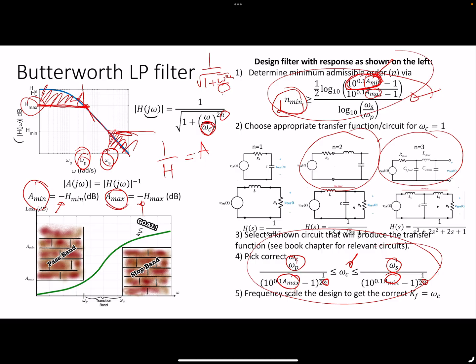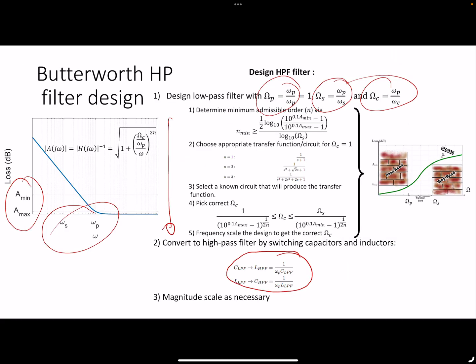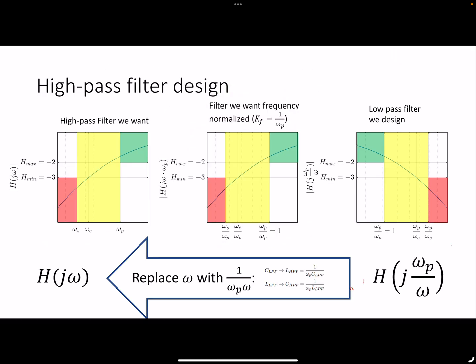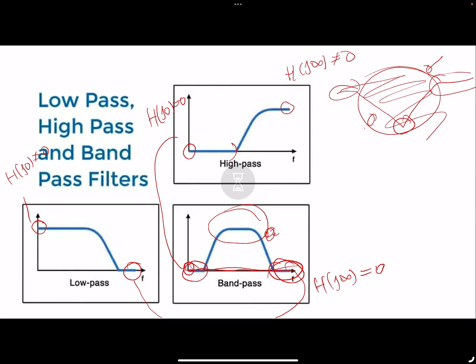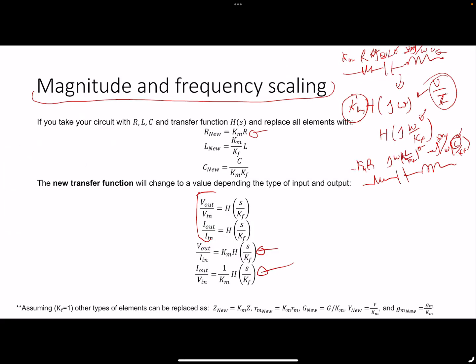That's pretty much it. No trick questions, I would say. In terms of the magnitude and frequency scaling, I could ask you to magnitude and frequency scale something, and then I could give you a transfer function and ask you how it gets shifted.